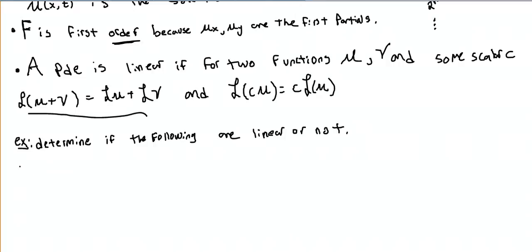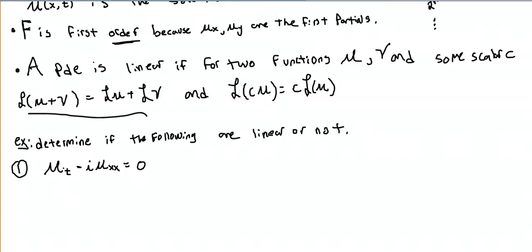So let's say the first one, we have partial u partial t minus i partial u xx. This equals 0. So we want to verify whether this is linear or not.